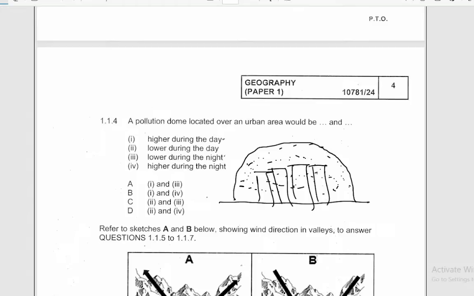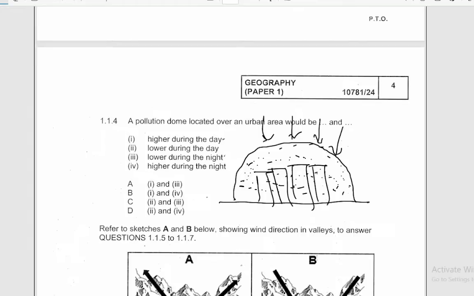During the night we have more descending air. We have more cold air which is descending from the upper atmosphere. That descending air is going to force the pollutants further down to a lower altitude, and they will concentrate to the level of the buildings and even to the level of the people in the urban area.